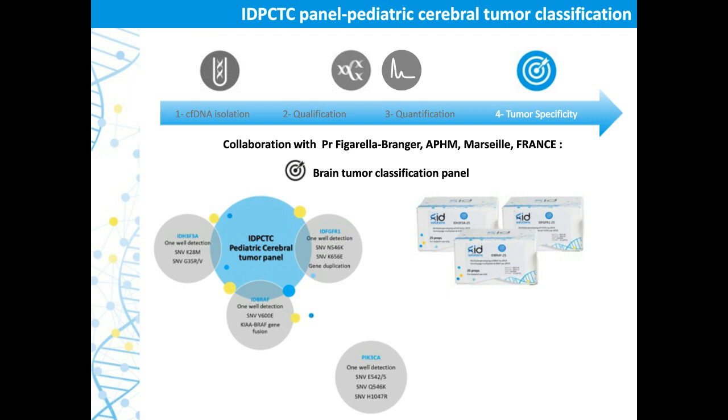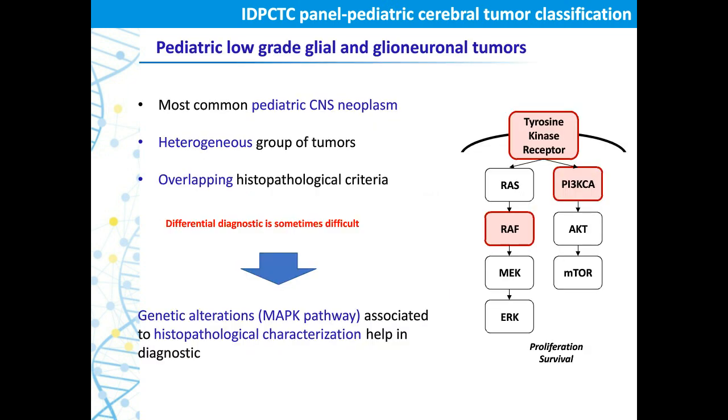I will focus on these last panels and show you how digital PCR takes place in the diagnostics of this kind of tumors. A few words about pediatric cerebral tumors. Pediatric low-grade glial and glioneuronal tumors are the most common pediatric tumors.